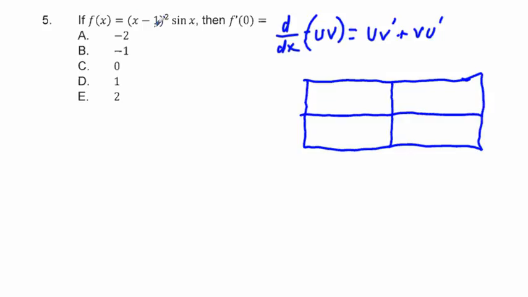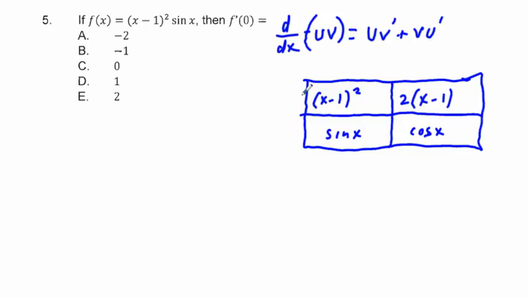And we're going to put this first function here, which is going to be quantity x minus 1 squared, and the derivative of that function is going to be 2 times quantity x minus 1. And next, the other factor of this product is sine x, and the derivative of sine x is cosine x.